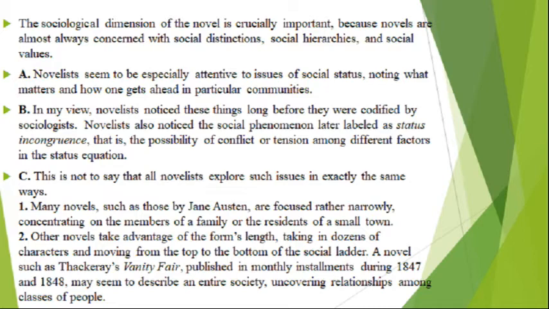Thackeray's cast is enormous. In sharp distinction to Austen, with her 3 or 4 country families, Thackeray gives us about 60 different characters. To be sure, they're not all equally important, but the sheer profusion of characters in a novel like Vanity Fair is nevertheless quite striking.